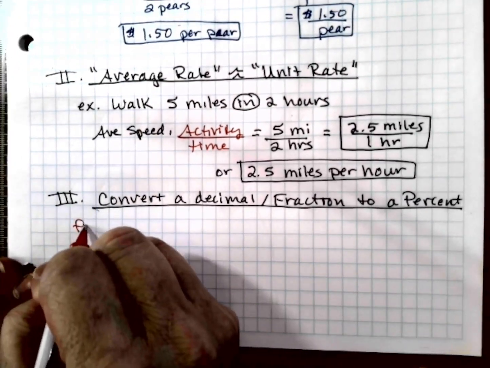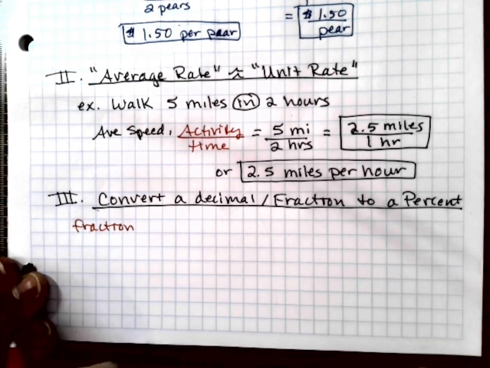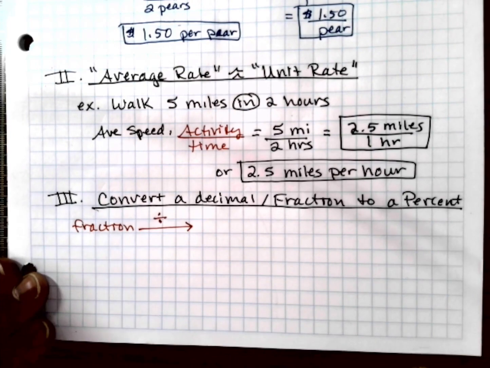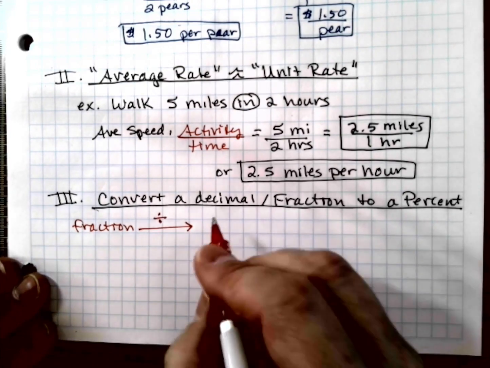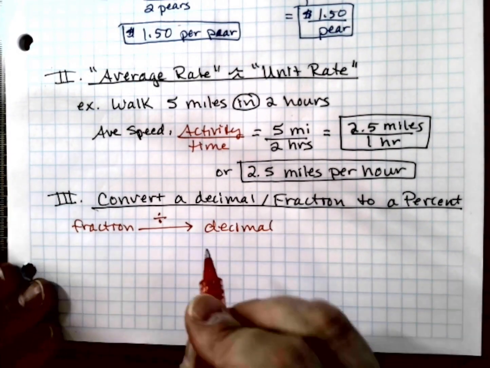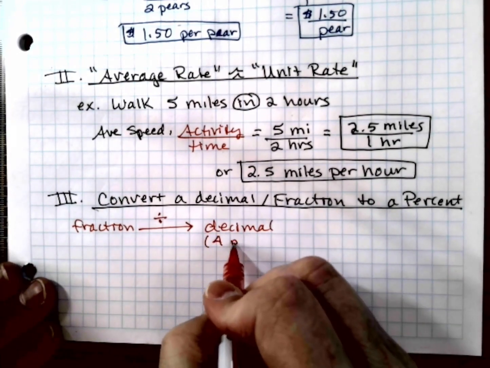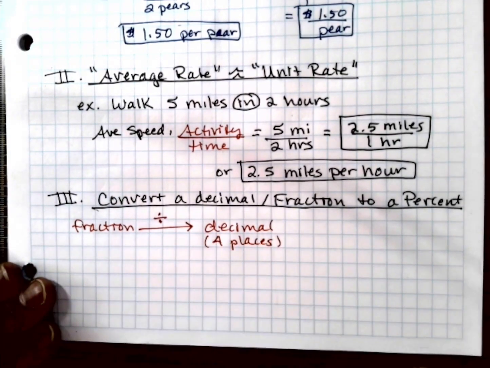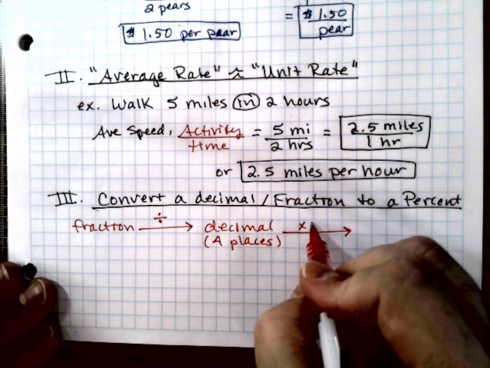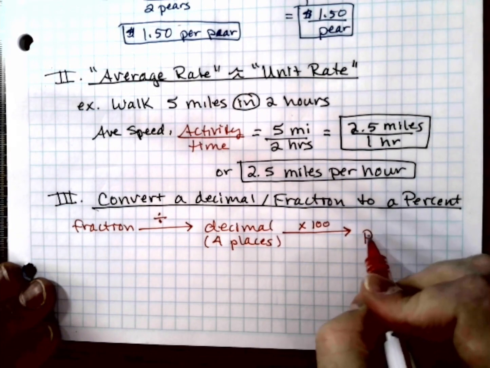So you start with your fraction, if that's what you have, and then you divide the bottom into the top. That's going to give you your decimal. For most of what we're going to do, you're going to need 4 decimal places. And then to go from the decimal to a percent, you multiply by 100.